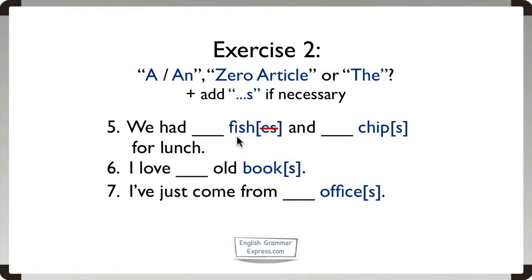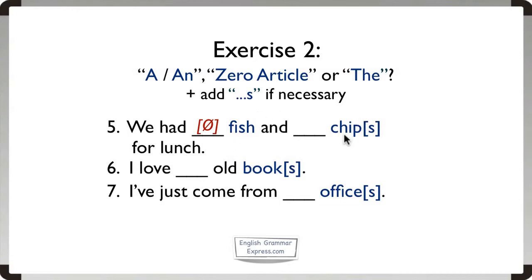If it's general, we'll use zero article for uncountable, and if it's particular, we'll use the. So, general or particular? The answer is, it's general. We had fish, zero article. We're not talking about a particular fish for lunch.